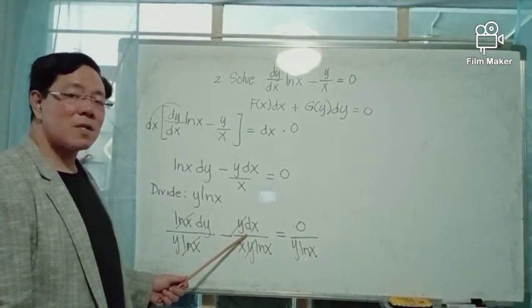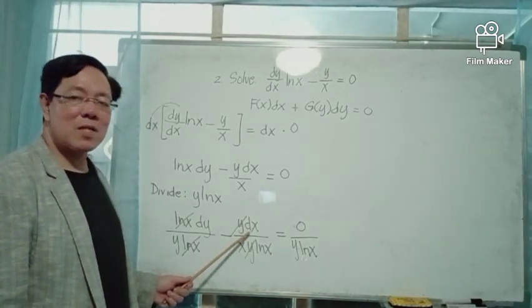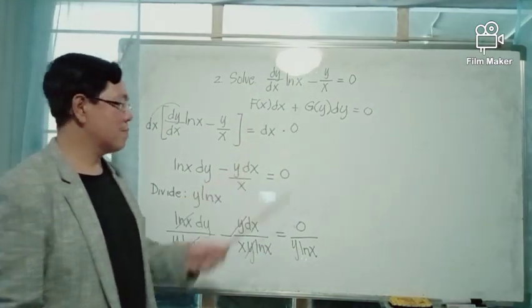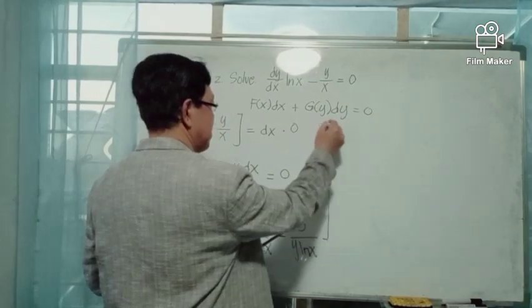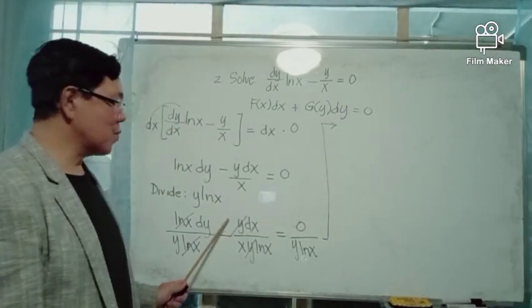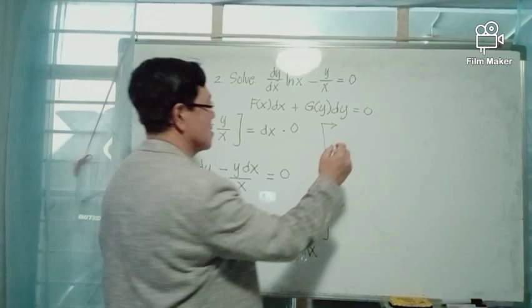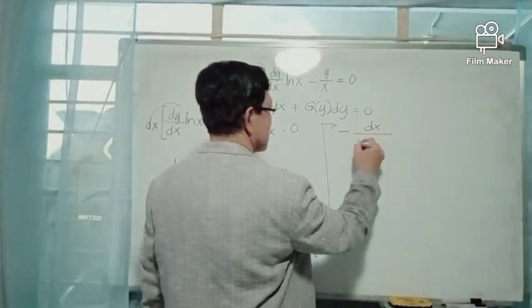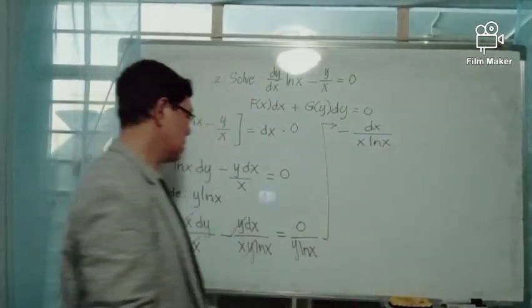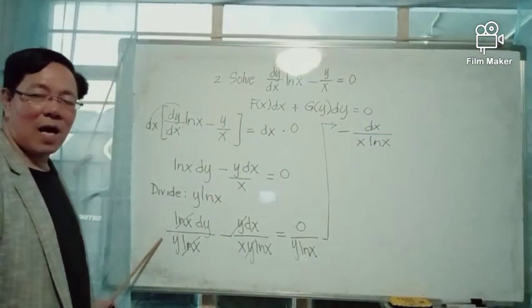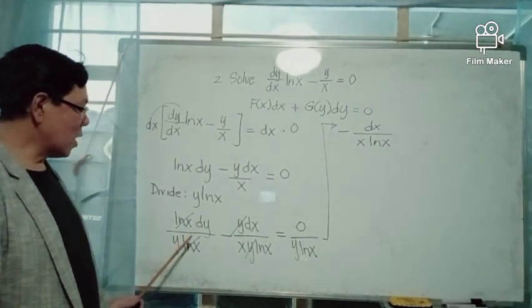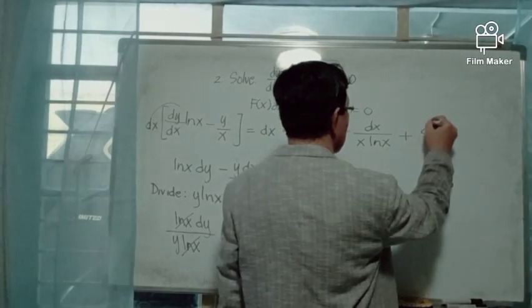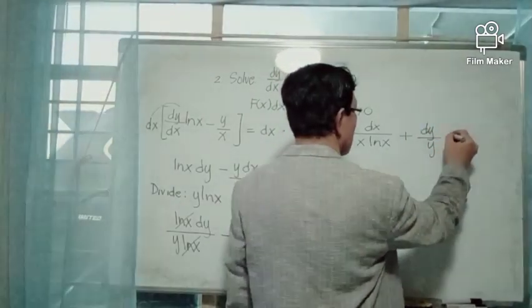I will write first the term containing the differential of x, to write this differential equation in this form. We have negative 1 over x ln of x, or negative dx over x ln of x. And we write this as the second term, dy over y, is equal to 0.